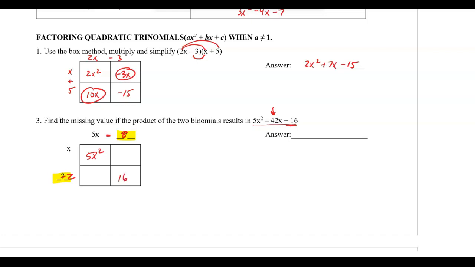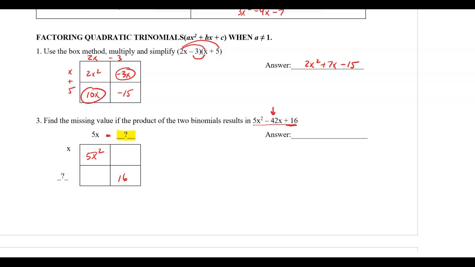But what I have to do is check that middle term. So what is negative 8 times x going to give me? Negative 8x. 5x times negative 2x is negative 10x. That gives me negative 18x. That will not work.